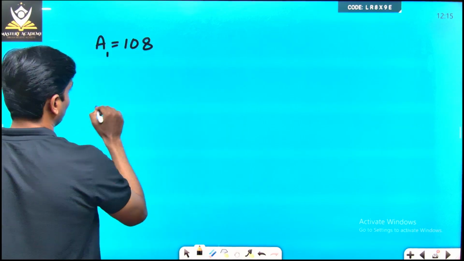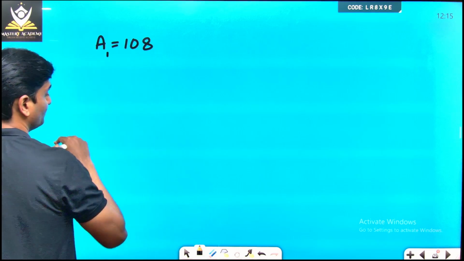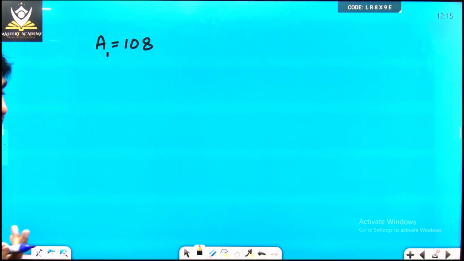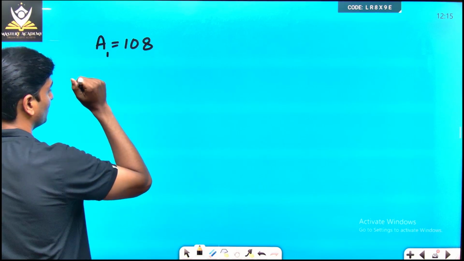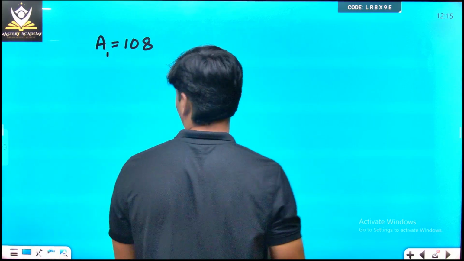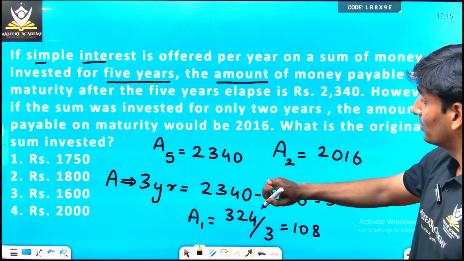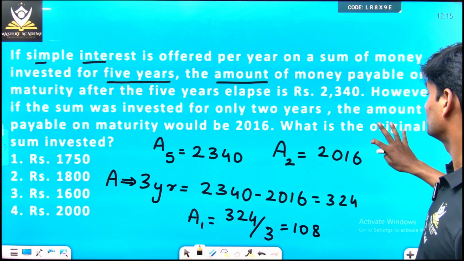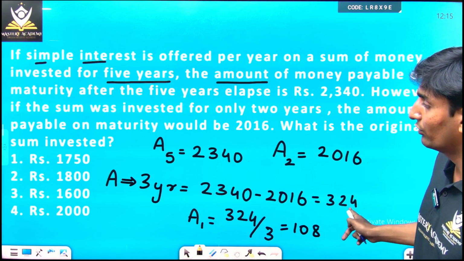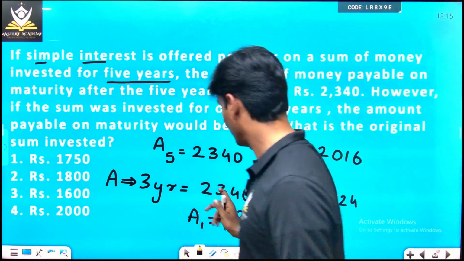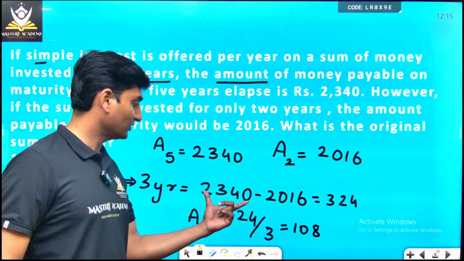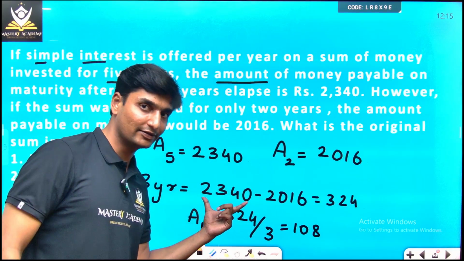Now we know that the amount will be equal to the sum of principal and the... this is not the annual amount, sorry guys. 324 will be the simple interest. Yes, because the amount includes both the principal and the simple interest.